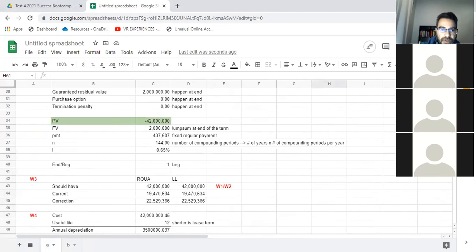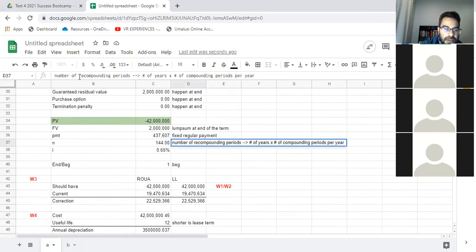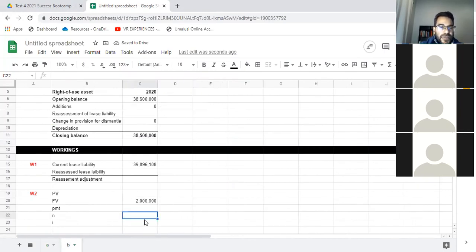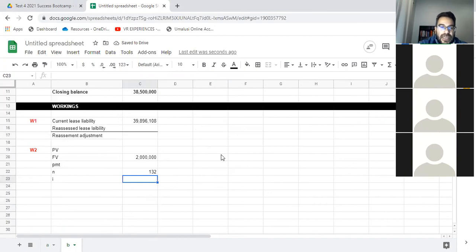Just to make it clear, it's the number of remaining compounding periods. So 12 months have passed. So N is 144 minus 12, which gives us 132. I stays the same. There was no change in the interest rate. So it is equal to 7.75% divided by 12.